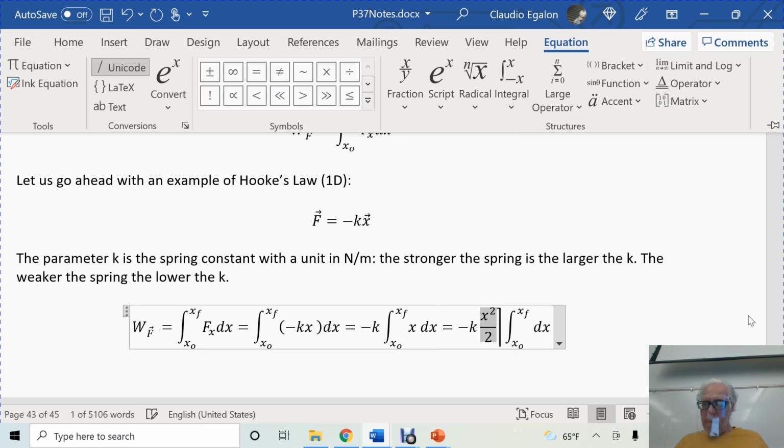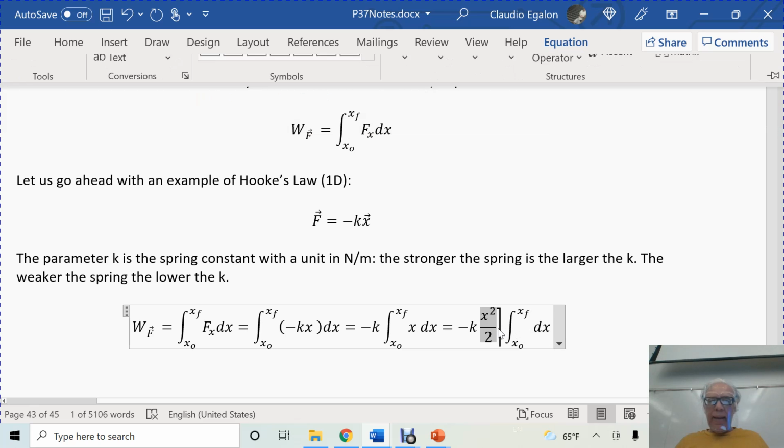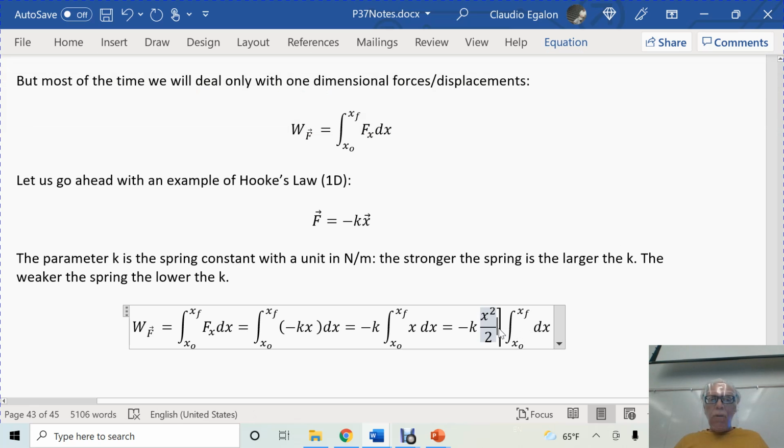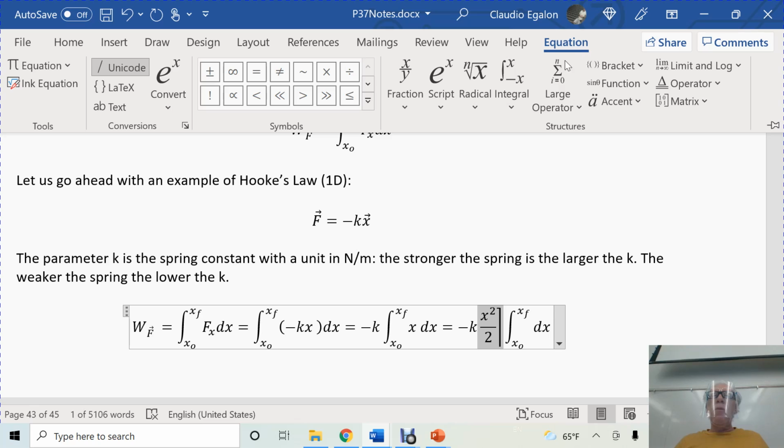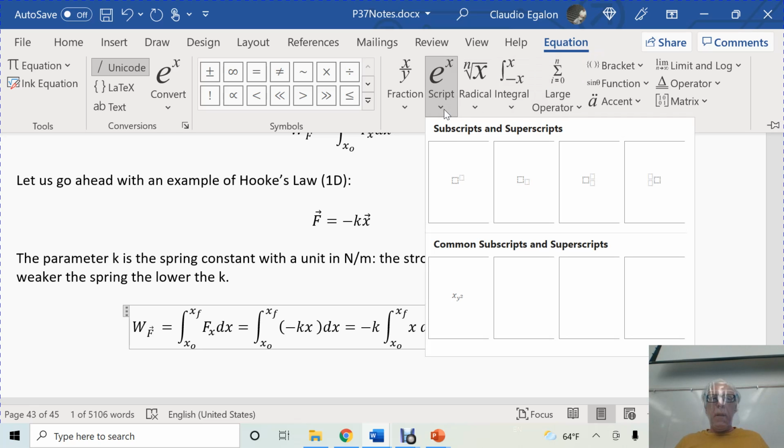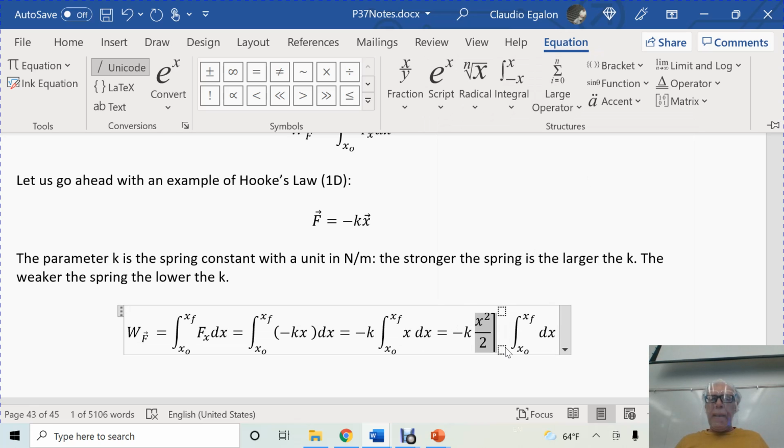We apply the limit from the initial position, which can be the equilibrium position. The equilibrium position is usually stated as being x equal to 0.